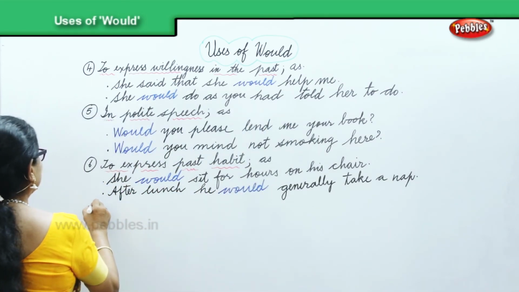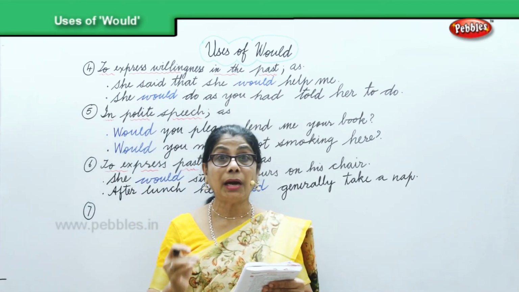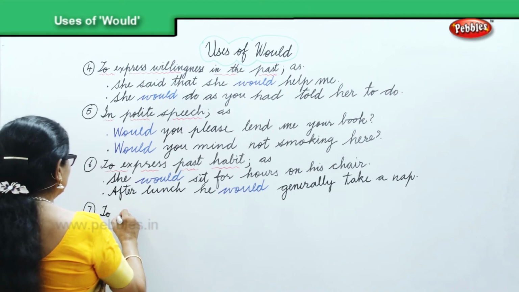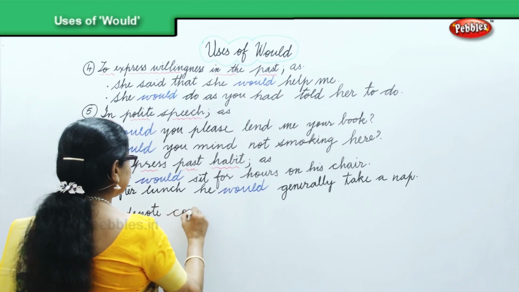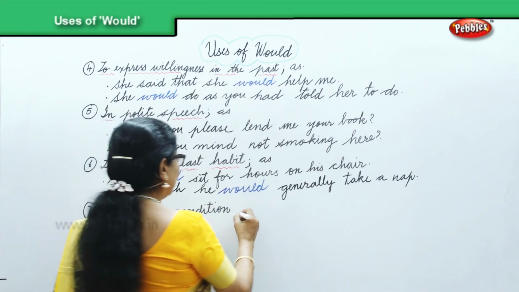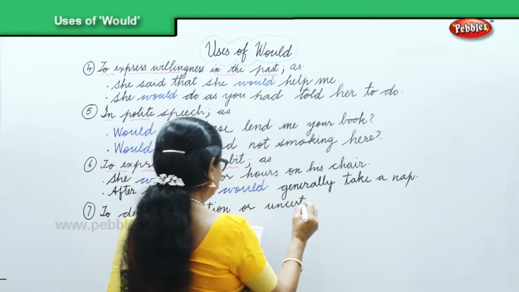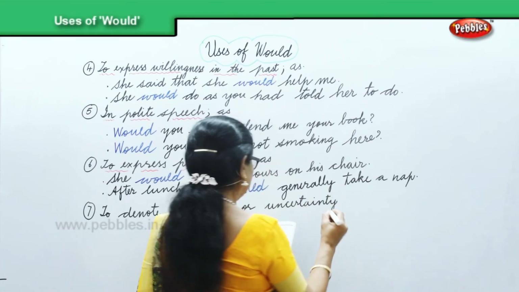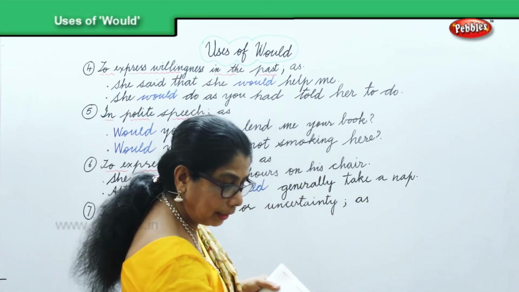And finally, we have the seventh type: to denote condition or uncertainty. So what is the last type?